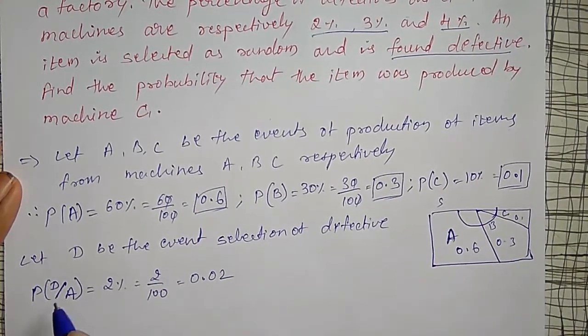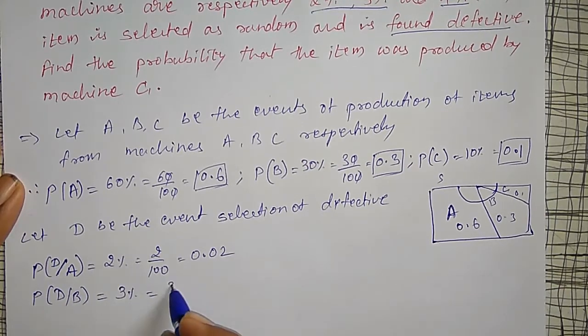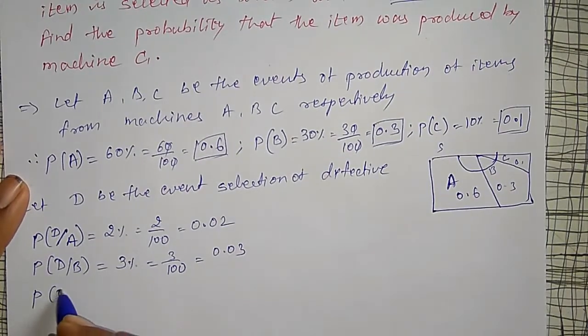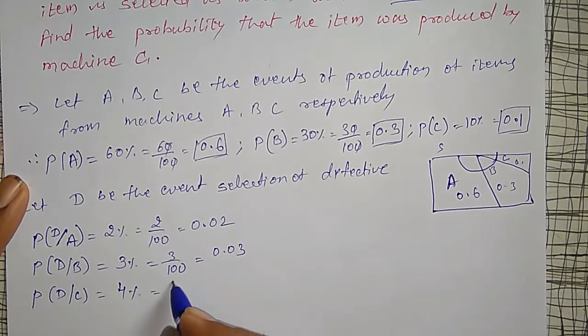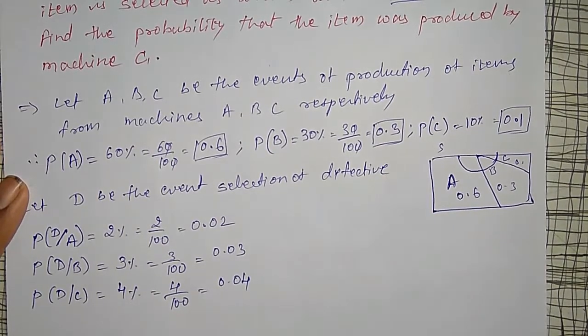Like that, the probability of defective from B, where B's production is already done, is 3%, 3 divided by 100, which is 0.03. And the probability of defective from C is 4%, that is 4 divided by 100, 0.04.